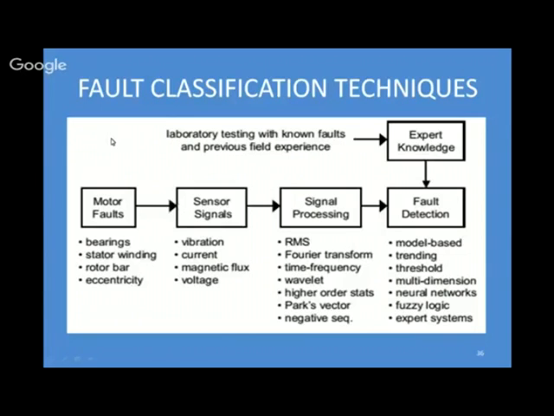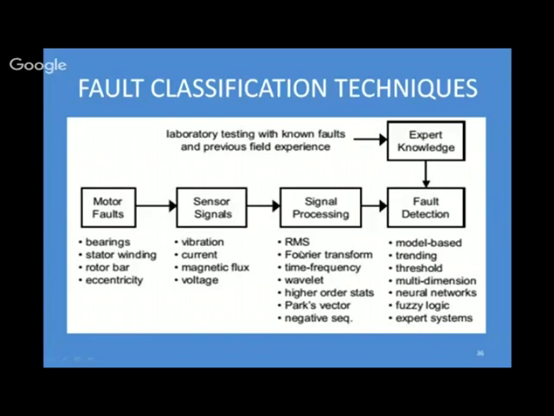So here we have different types of classification techniques. We can have different faults created in the motor, like bearing fault, stator fault or rotor fault. Then signals like vibration, current and magnetic flux can be fed to a signal processing unit.